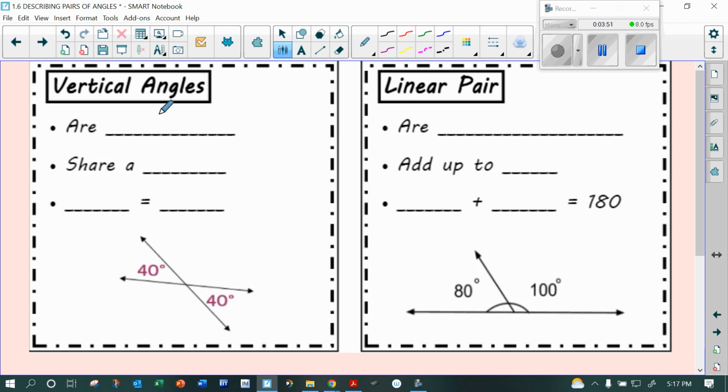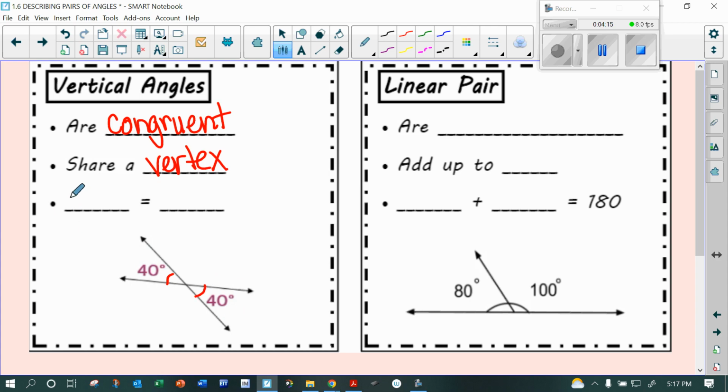Okay, vertical angles are always congruent. They are always congruent. Remember, congruent means equal. They will share a vertex. And they're always going to be opposite each other. So anytime you see an X formed, think of a pair of scissors or something, this angle will be equal to this angle.